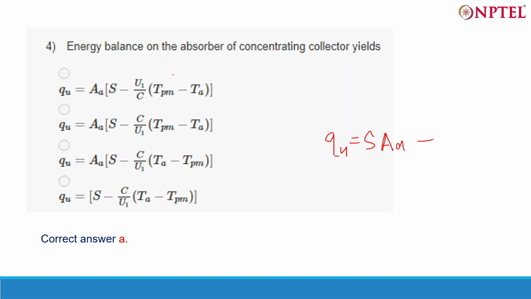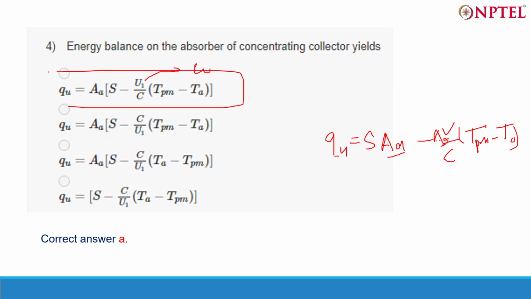U_L is the heat loss coefficient, then we have the concentration factor, then the plate temperature minus ambient temperature, and then you multiply it with A alpha. Now with A alpha common, you will get this equation. Are you understanding how these equations are derived? This has been explained in the previous lecture also.